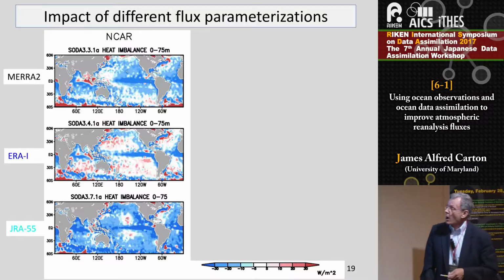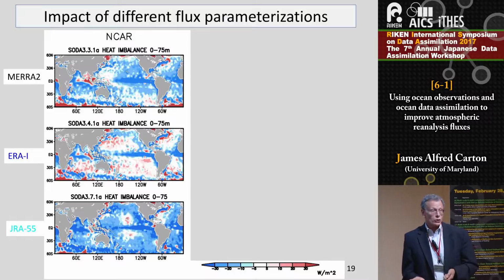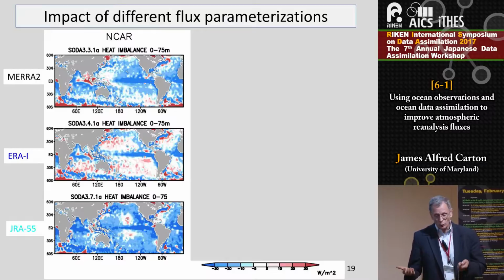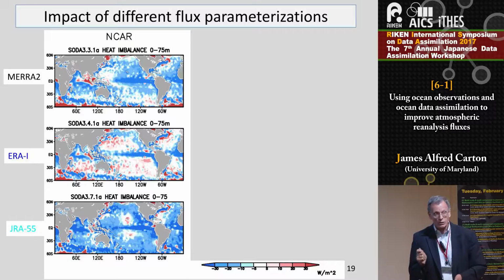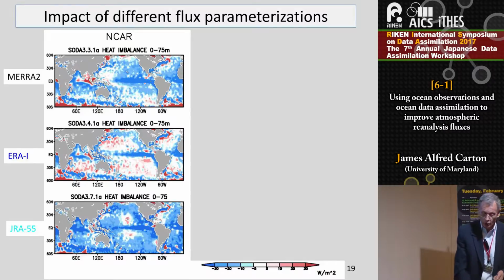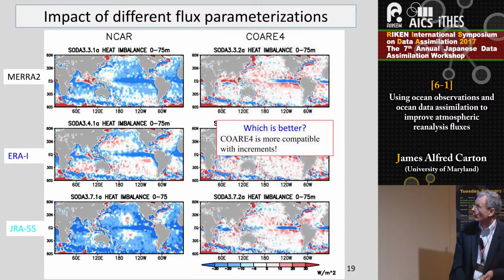And so another way in which we could use these increments is to decide what's a good bulk formula. We could take an atmospheric reanalysis, use the NCAR bulk formula, force the ocean, use Core 4, force the ocean, and see just how sensitive the misfits in the ocean are to these bulk formulas. On the left is the picture I showed you before.